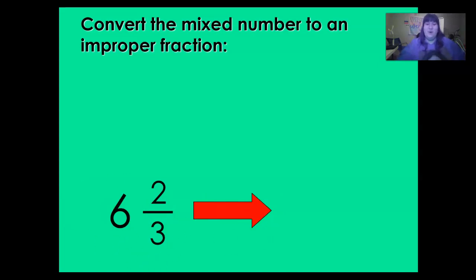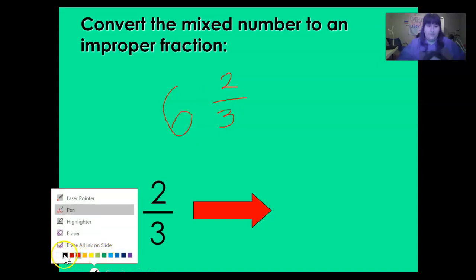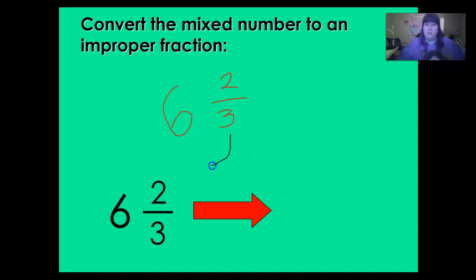All right, next, 6 2/3. Like we said before, there are really only 2 steps. Multiply our denominator times our whole number. 3 times 6 equals, get out that multiplication chart if you need to, 3, 6, 9, 12, 15, 18.